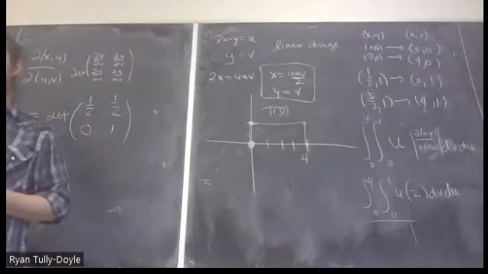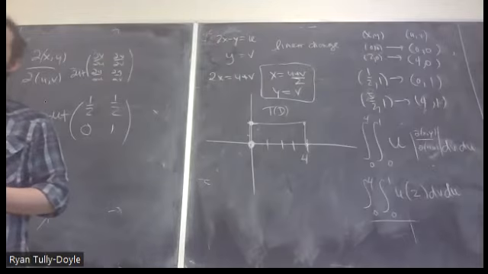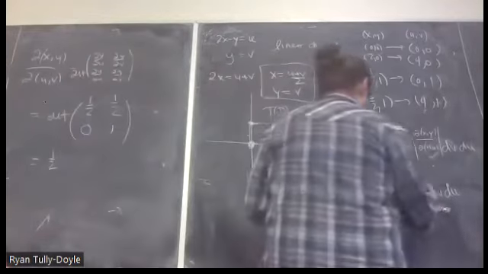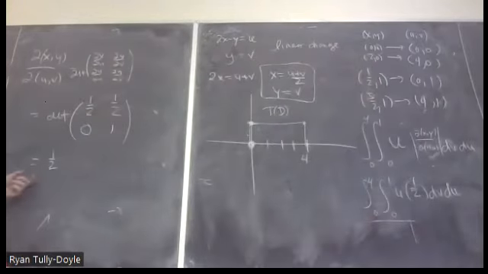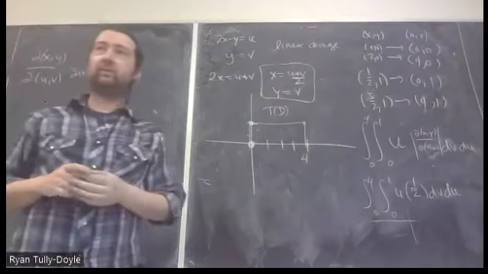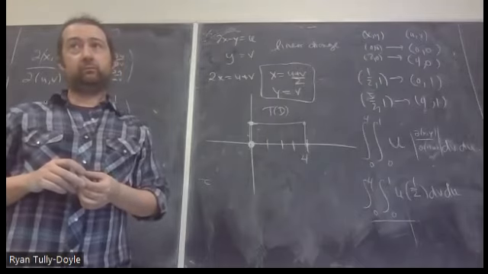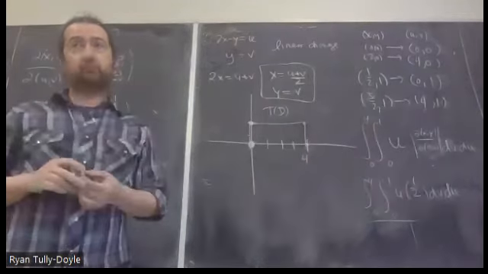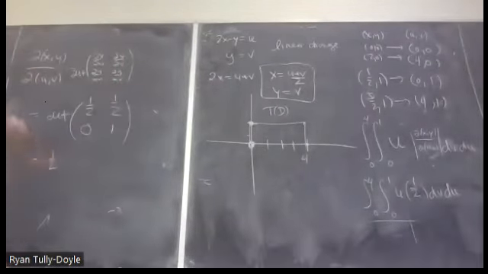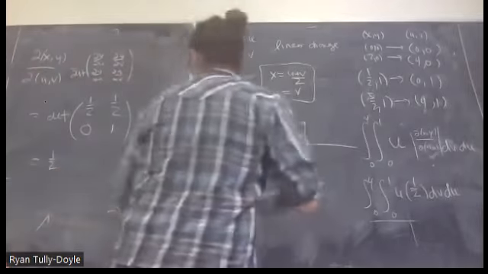Sure. Well, let me go here first. Oh, 1/2. It's the same number that came out here. It was just my bad. It was 1/2. So when you're switching from x to the integral in terms of u and v, you want the Jacobian of x, y with respect to u, v. Yes.